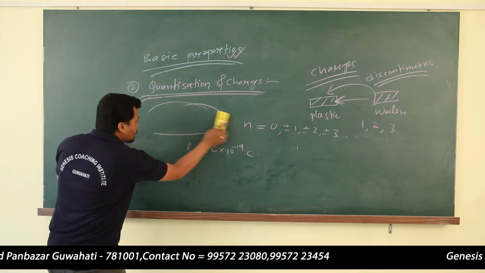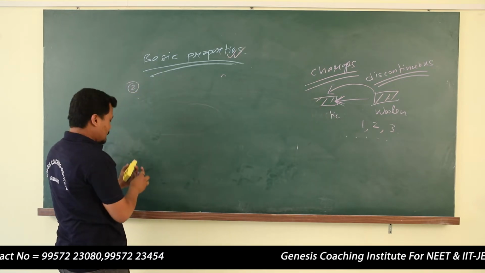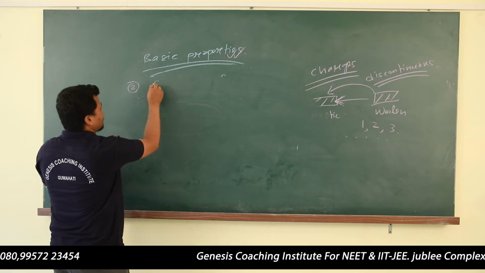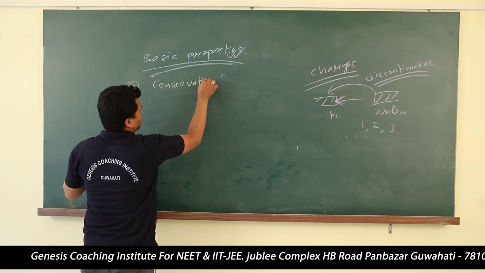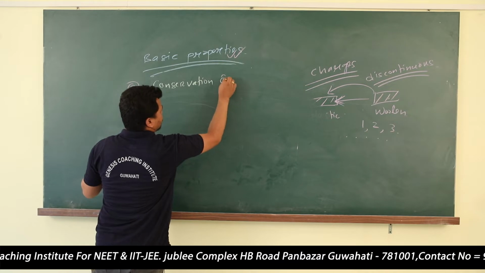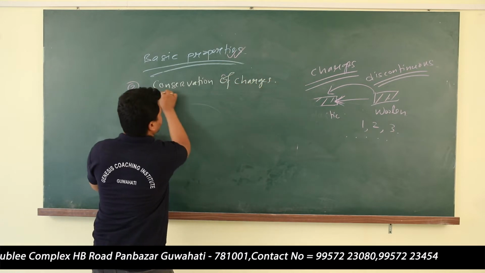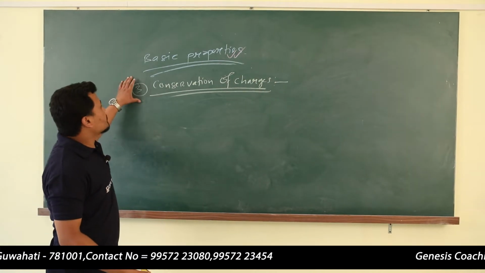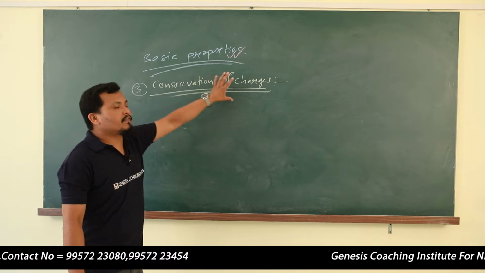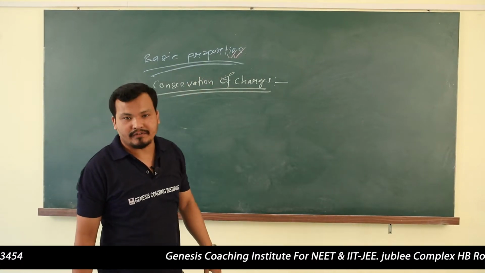Okay, now move to the last property, conservation of charges. Our last property is number 3, conservation of charges. This property is similar to the law of conservation of energy.